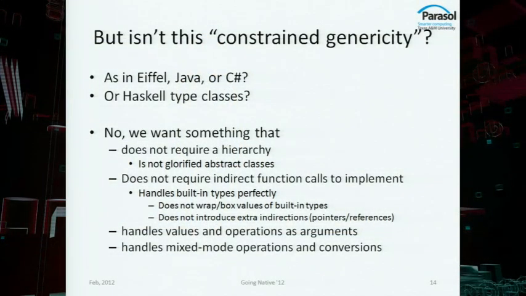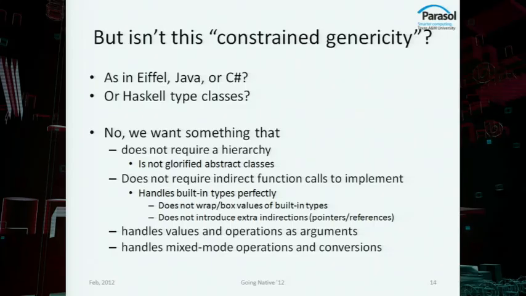Some people say, well, that's constraint genericity. Fancy word. Eiffel, Java, and C# have it, and it's Haskell type classes. Well, it's not. It doesn't require a hierarchy. It cannot be implemented as a set of virtual function tables, a set of indirect function calls, the way that's mostly done, because of the overhead that it would impose.